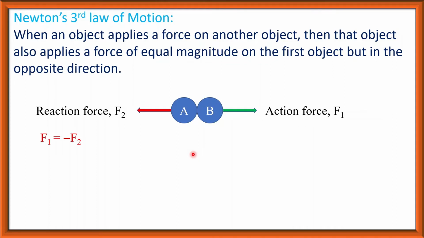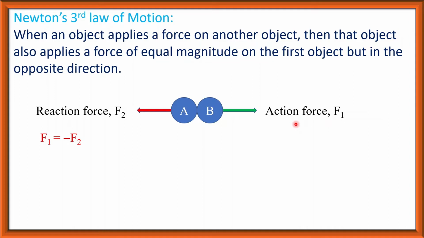That means F1 is equal to minus F2. The magnitude of F1 and F2 is the same, but the direction is opposite, so here minus sign. F1 is equal to minus F2, that is F1 is opposite to F2. So we can say, to every action there is an equal and opposite reaction.